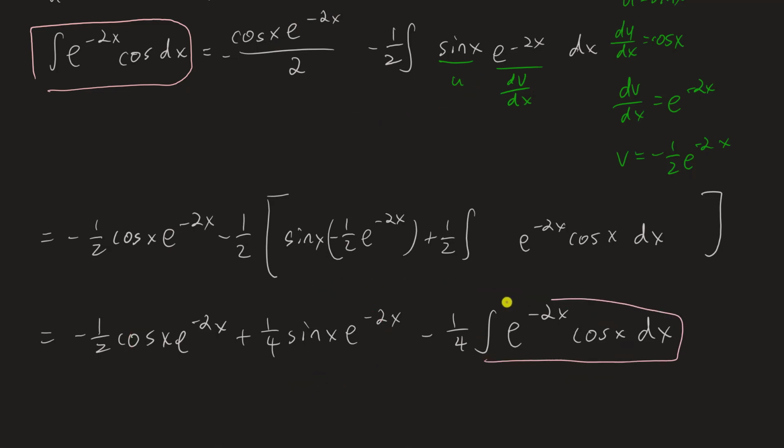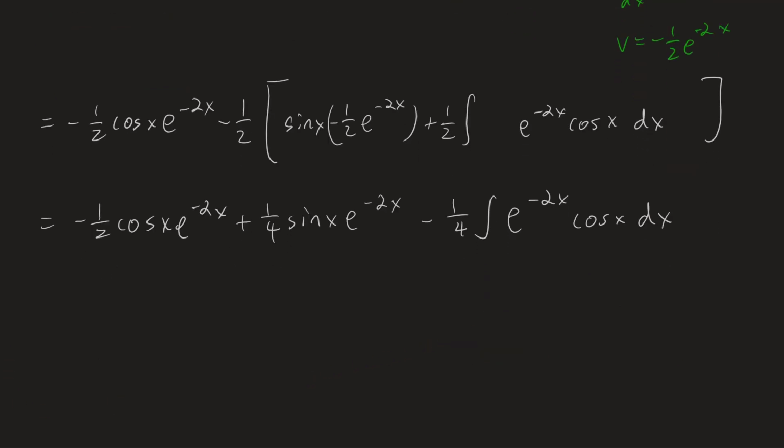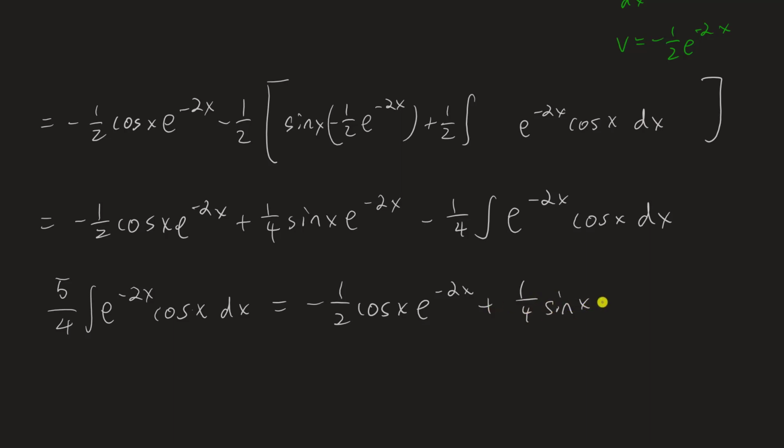Notice this is exactly the same item. You can bring this negative 1/4 over to the left hand side. This will give rise to 5/4 of integration negative e 2x cos x dx equals to negative half cos x e negative 2x plus 1/4 sin x e to the power negative 2x.